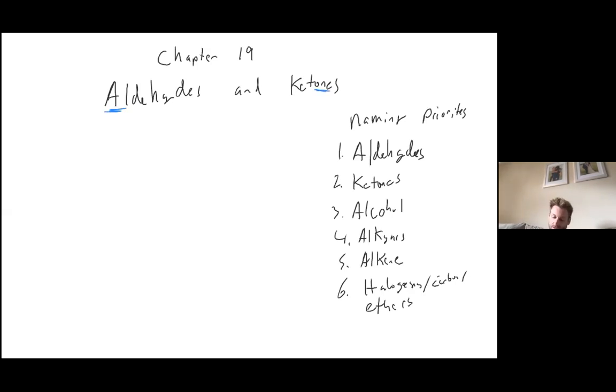So if we have something like this here, where we have 1, 2, 3, 4, 5 carbons, this would be a pent, and for an aldehyde, you're going to end it with -al, so pentanal.